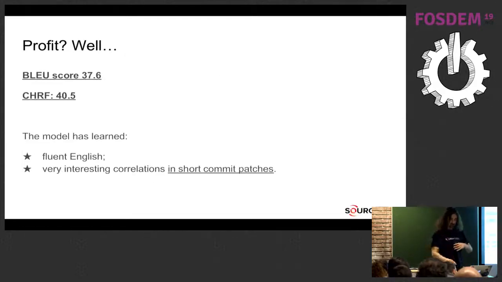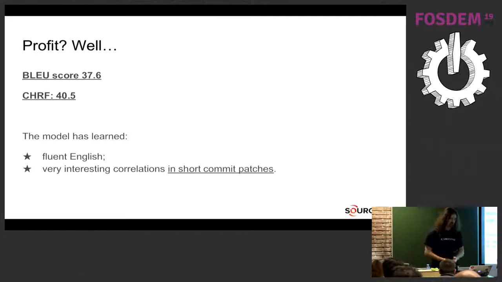So, was everything actually a success? Well, for those who are not acquainted with machine translation lingo, the metric that we use in machine translation is called BLEU, which is Bilingual Evaluation.